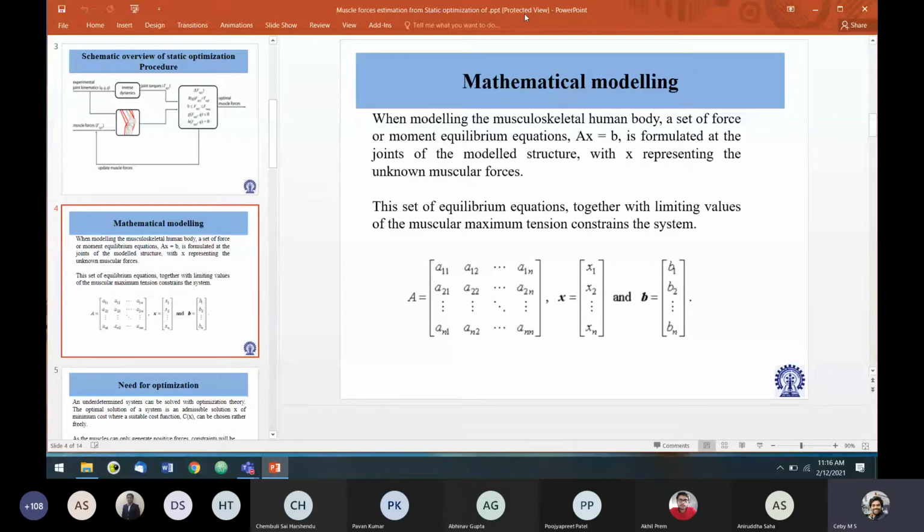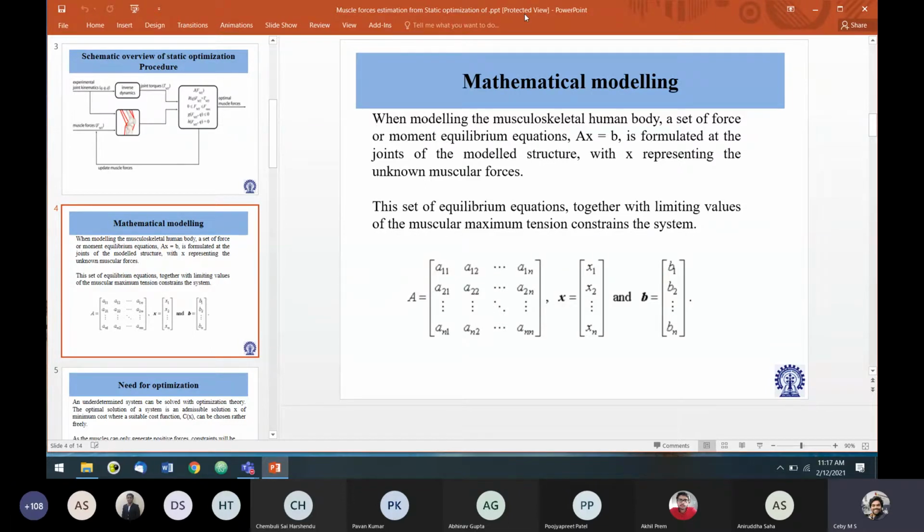So these force and moment equilibrium equations can be written in the form of a system of equations Ax equal to b, where x is the unknown muscle forces. Just consider sigma fx equal to 0, which is the first equation of the system of equations, then sigma fy equal to 0, then sigma m equal to 0.